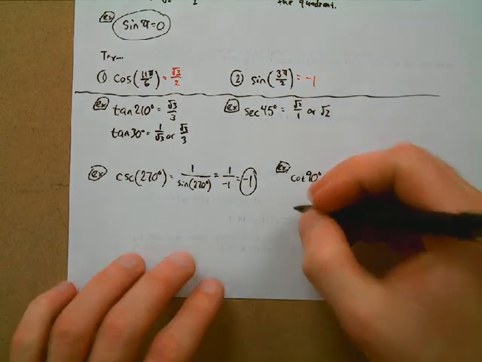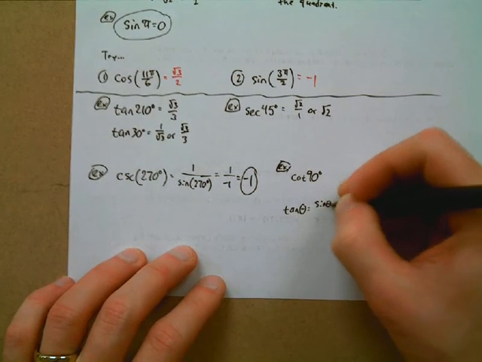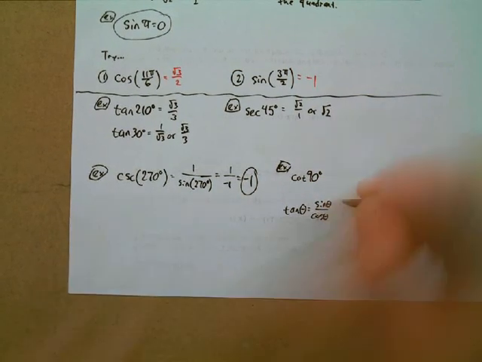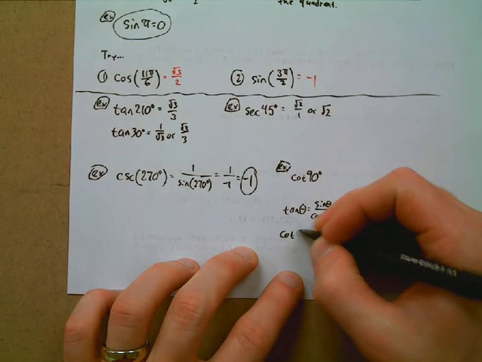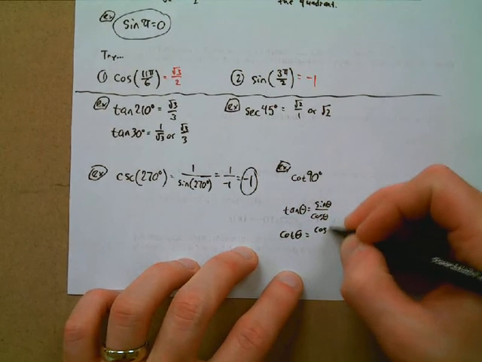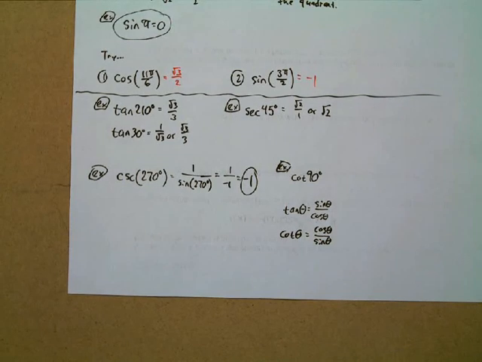Tangent theta equals sine of theta over cosine theta? Yeah. So that's the case here. Then cotangent of theta would be cosine theta over sine of theta. If tangent of an angle is sine over cosine, then cotangent would just be the reciprocal, cosine over sine.